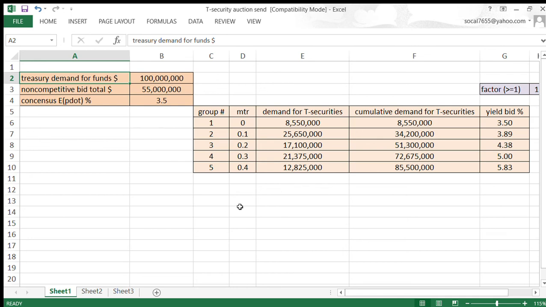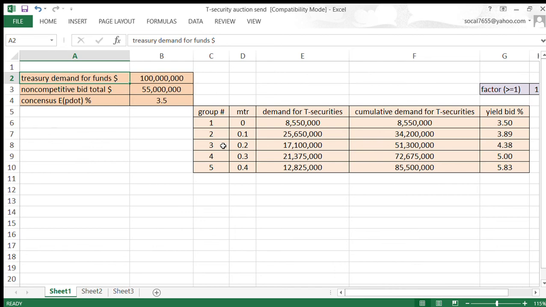We can say that the yield bid that is going to be awarded to everyone who gets a Treasury security in this auction is determined by the marginal tax rate of the marginal investor group.